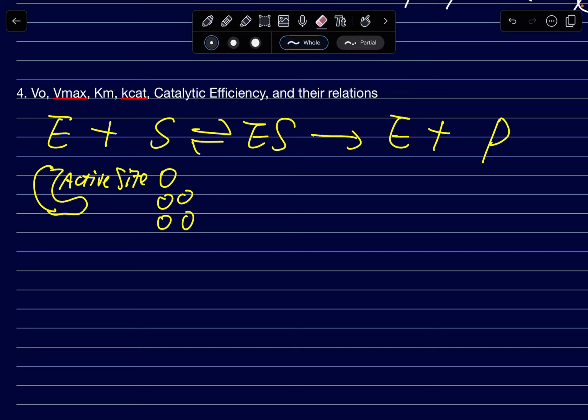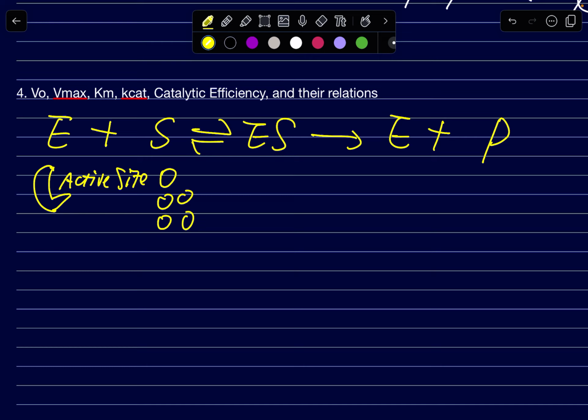And then the induced fit is like, let me draw it a little bit differently. My active site is kind of like a triangle, but once my substrate binds to the active site, the shape of the active site gets adjusted, and then it will fit.